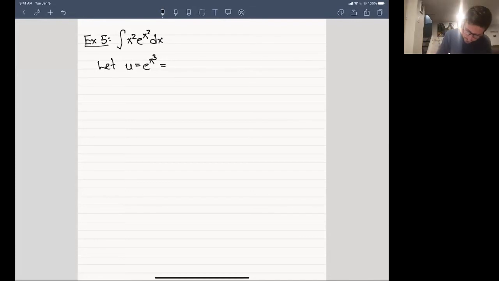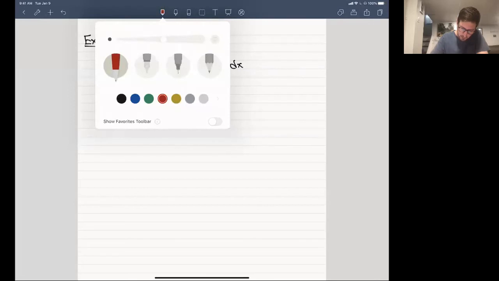Well, what happens here? I get du is equal to, now the derivative of that function right there, that's going to be 3x squared e to the x cubed dx. Okay, so think about what happened here. This isn't bad per se, because look what happened.